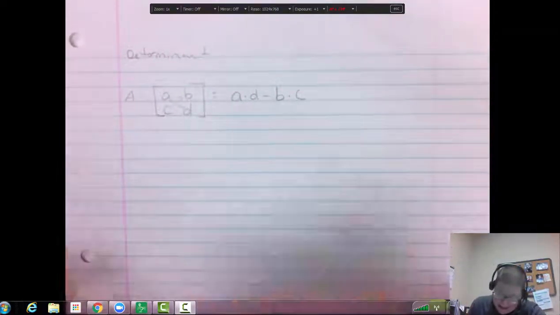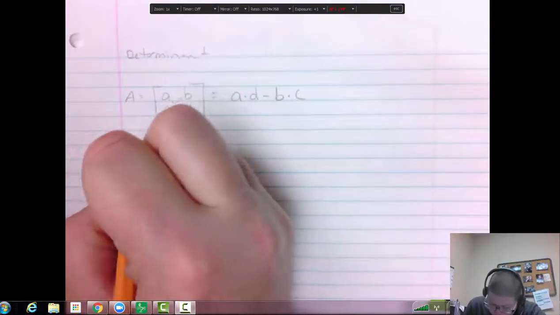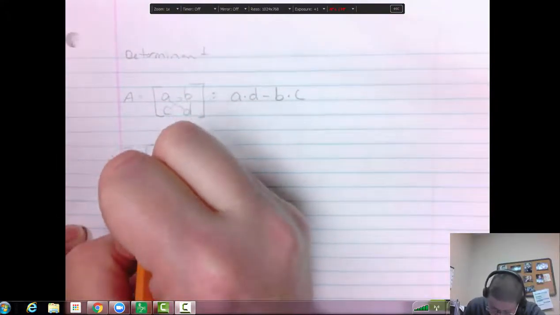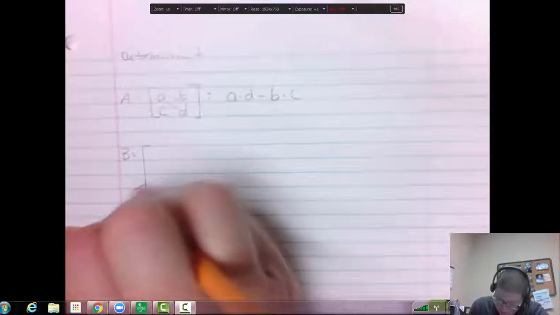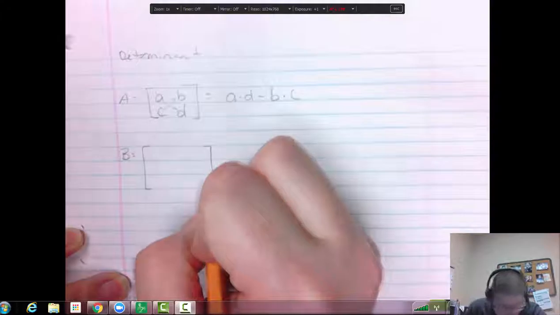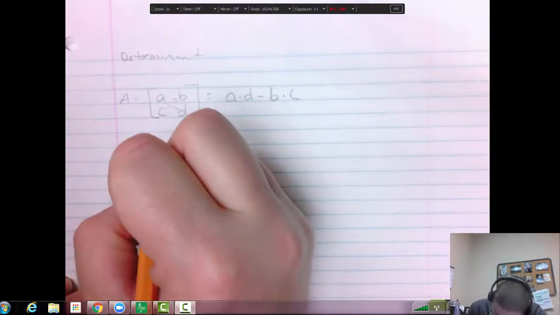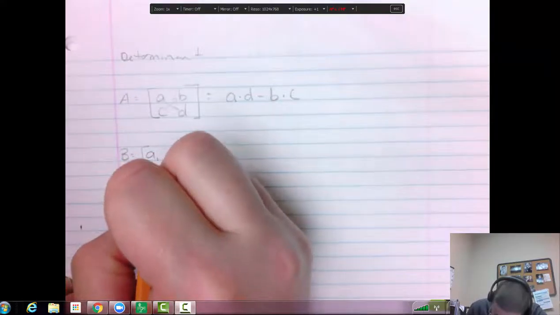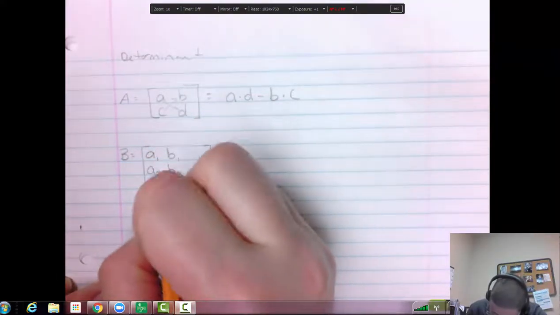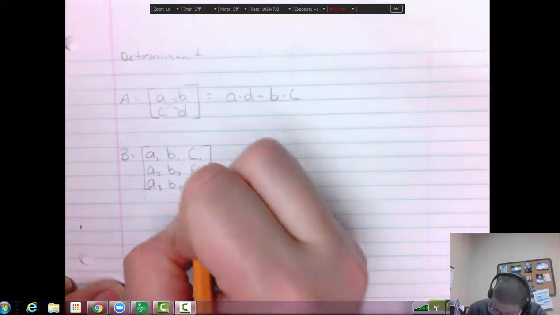Now, if the matrix happens to be bigger, like B here, it is a 3 by 3, and this is as high as we're going to go because these ones are long enough. So let's think of this as A1, A2, A3, and then same B1, B2, B3, and C1, C2, C3, and these would obviously be numbers in these places.